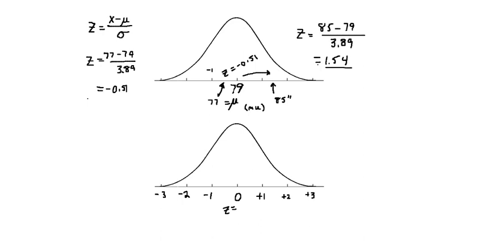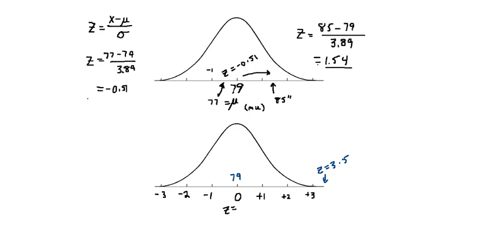So if I've got a z-score of 3.5, that's way up here. And we ask, what height would correspond to that, if the mean is 79 inches and the standard deviation is 3.89?